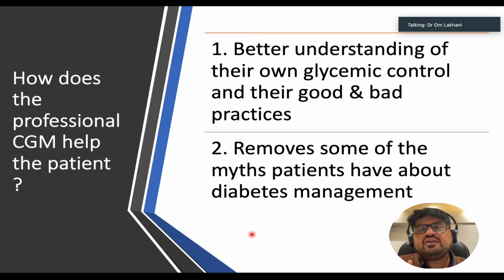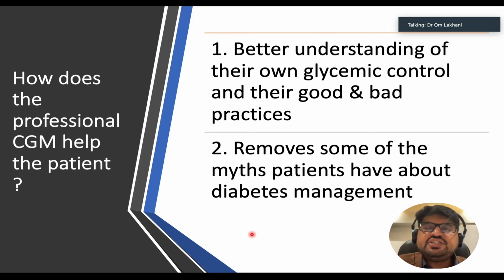For the patient, they get a better understanding of their own glycemic control and their own good and bad practices. They really realize what is going on, where they're going right, where they're going wrong, what food really caused a problem, what food was really good for them. All these things really help them understand. It removes some of the myths patients have about diabetes management. It is very difficult to make patients understand that jaggery is as bad as sugar.